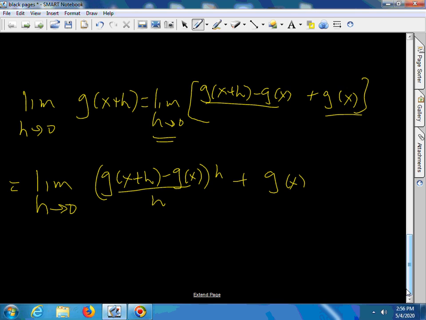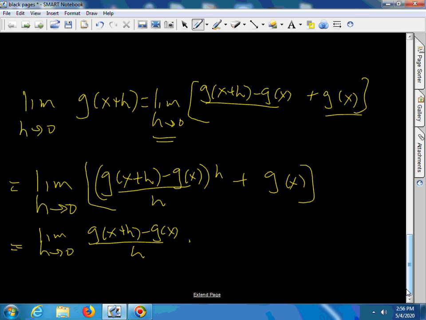So this is equal to the limit as h goes to 0 of g of x plus h minus g of x over h times the limit as h goes to 0 of h, plus the limit as h goes to 0 of g of x.